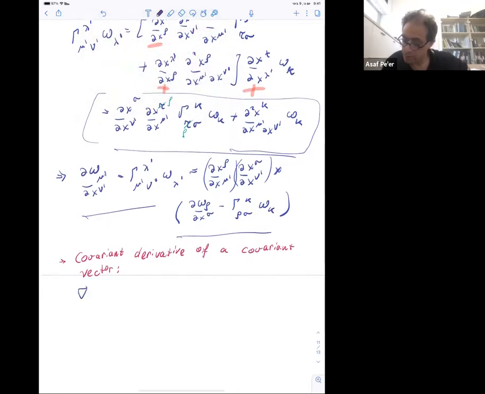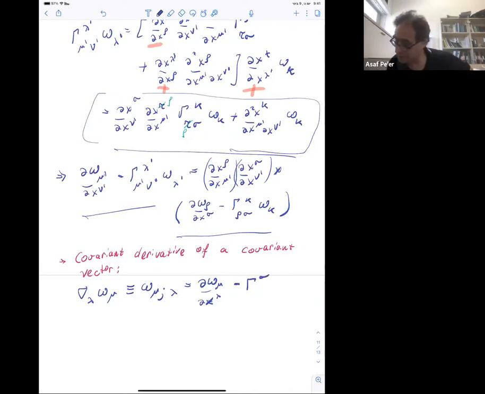Again, nabla lambda omega mu is just omega mu semicolon lambda, which is just the regular derivative d omega mu over dx lambda. But now we have a minus sign. Gamma, again, the upper index is a dummy index, and the lower two indices are mu and lambda. The order doesn't matter because the affine connection is symmetric, right? Times omega sigma.